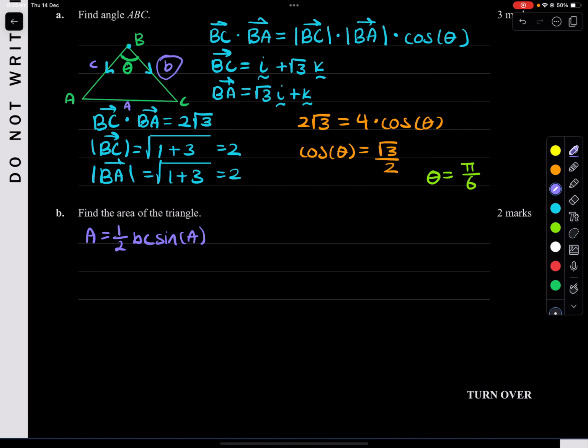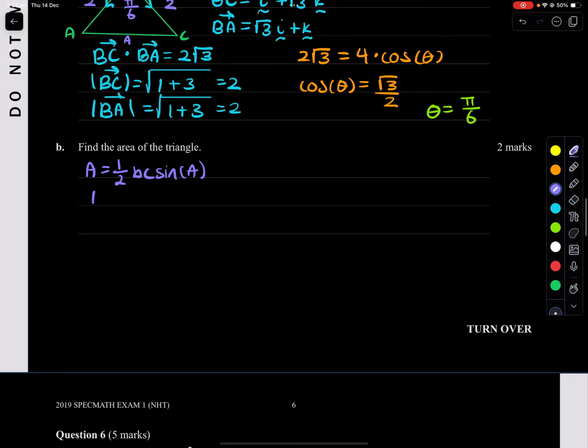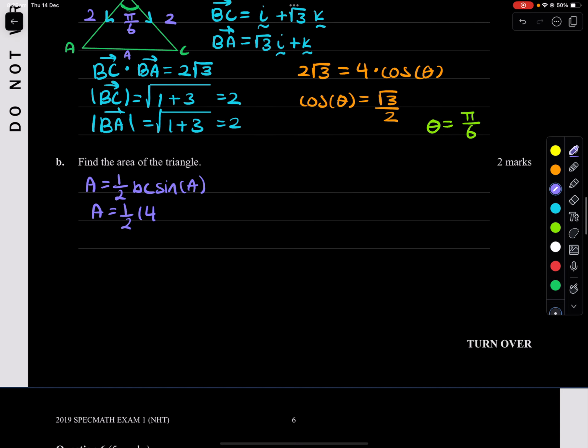So what is the magnitude of b, which is just BC, which we already know? It's 2. So both of these actually just have 2. The magnitudes are 2, 2, 2. And now this angle here is just pi on 6. So your area is going to be half times 2 times 2, which is 4.